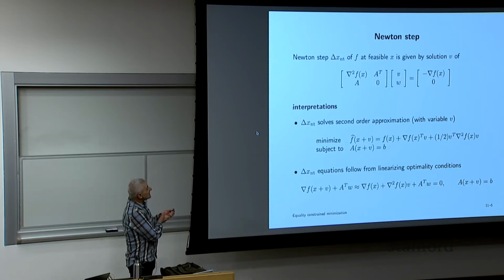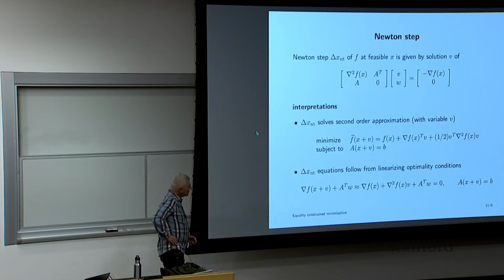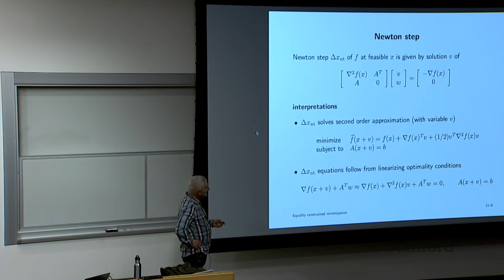So the Newton step, you can also directly get from the KKT system, not by doing this reduction, right? And so to do that, you form this system. And this is literally the definition of the Newton step. And there are lots of cool interpretations of it. One is this, you'd say, well, I want to minimize this smooth function subject to Ax equals b.